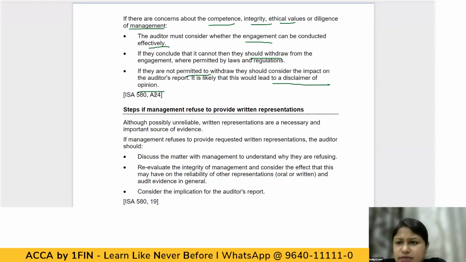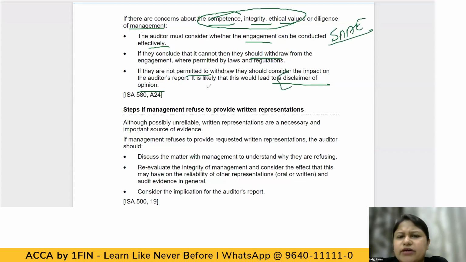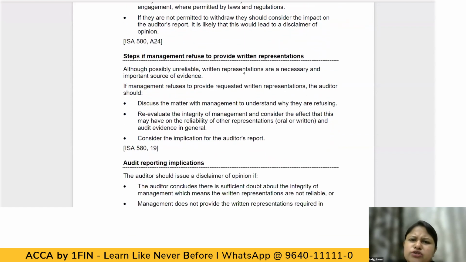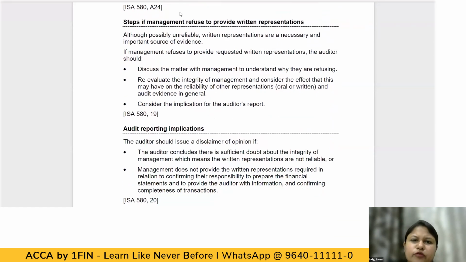You don't trust the management, and whatever information is available inside is not reliable because it is all prepared by the management, and we have a doubt regarding their competence, integrity, everything. So I'm not in a position to obtain sufficient appropriate audit evidence. In that case, I can end up giving a disclaimer of opinion. But always we look into the first option, whether we are allowed to withdraw. Sometimes laws and regulations don't allow you to withdraw. In that particular case, you end up giving a disclaimer of opinion.